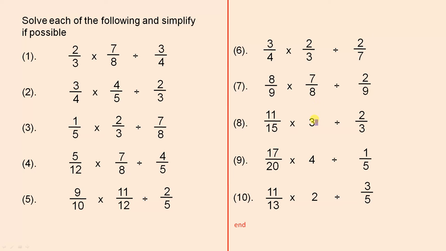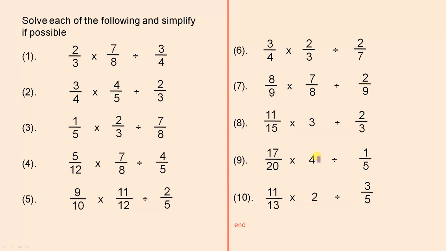Now down here, all we do, just write that as 3 over 1, because that makes it look like a fraction. Now this doesn't have to be inverted because the sign before the 3 is a multiplication sign. So when you're rewriting this, you make that 3 over 1, that becomes a multiplication sign, and that becomes 3 over 2.